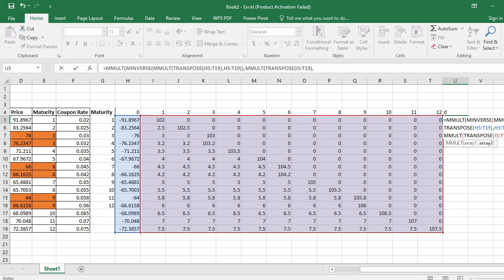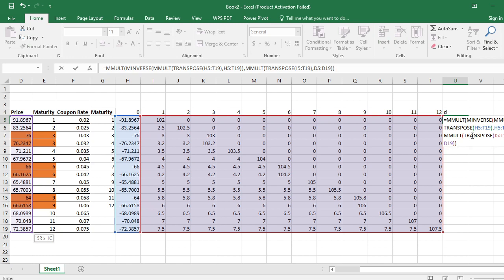Price. Should I be using negative or positive? I should be using positive. Right.